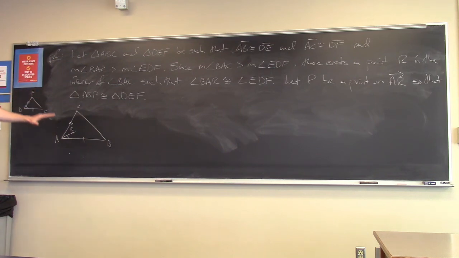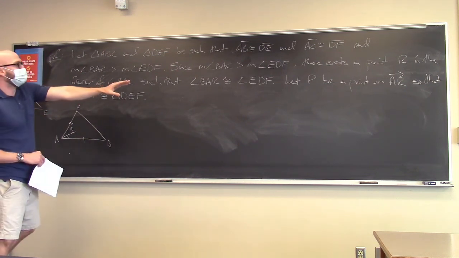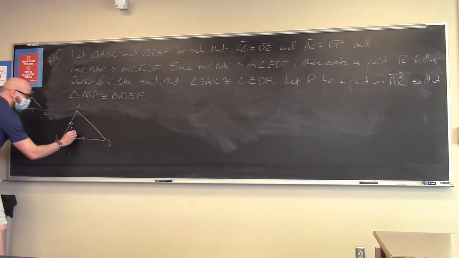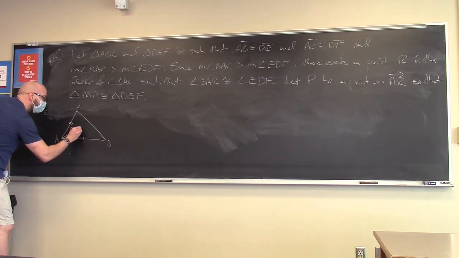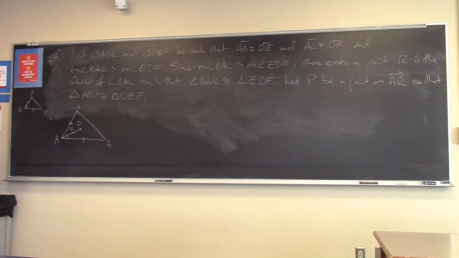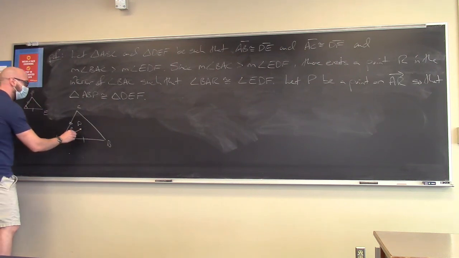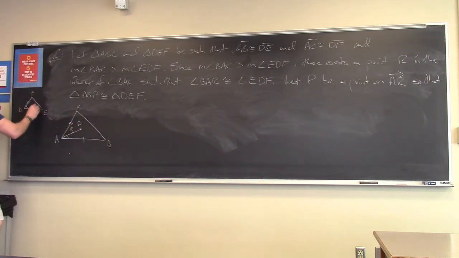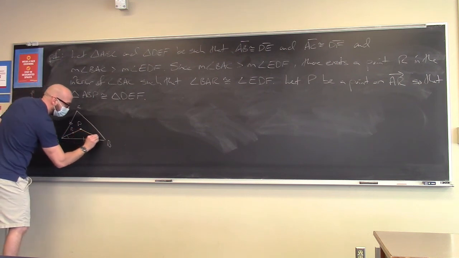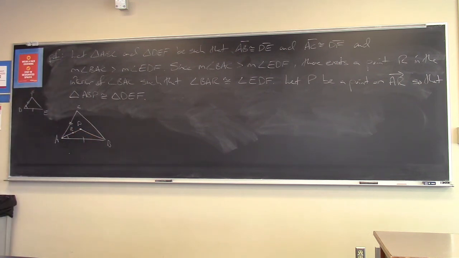And then I want to come to this ray AR that's extended infinitely. I'm not going to draw the rest of it because it's going to clutter the picture. But I'm going to extend this ray to a point P, so that these two triangles, ABP and DEF, are congruent. What does that mean?